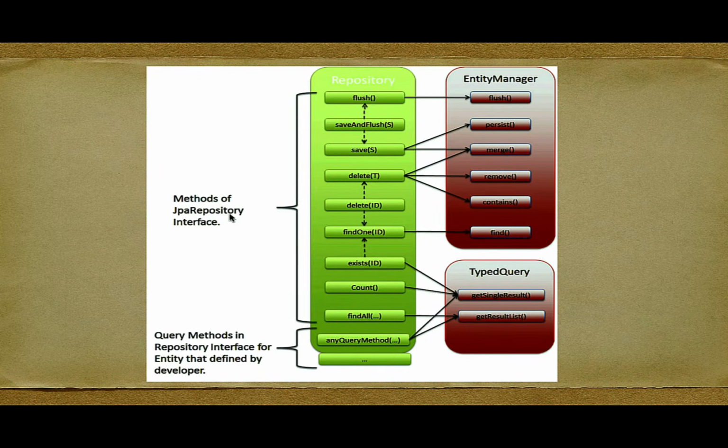I hope you understood how the JPA repository methods internally call EntityManager methods to talk with the database. This is how Spring Data JPA basically works. All the Spring Data JPA repositories internally use EntityManager to talk with the database. So Spring Data JPA is just an abstraction on top of JPA, that is the Java Persistence API.